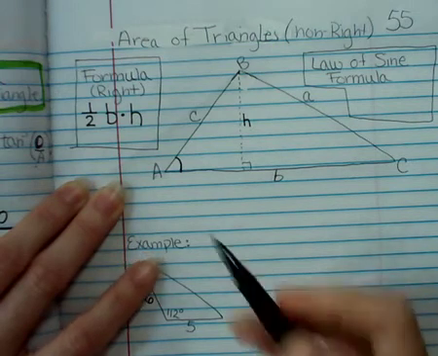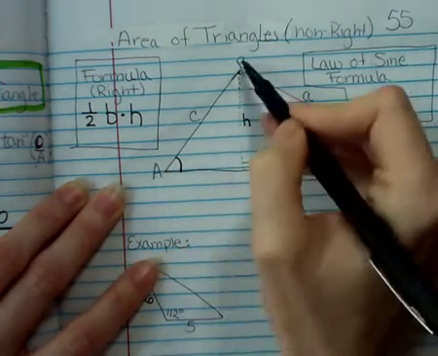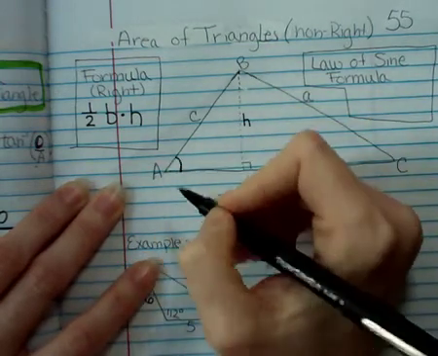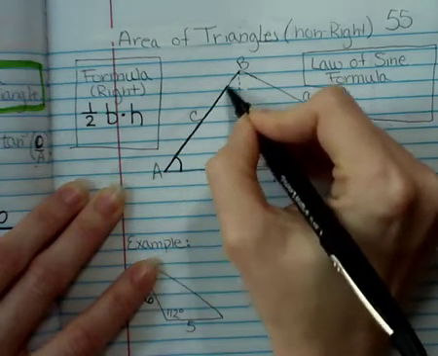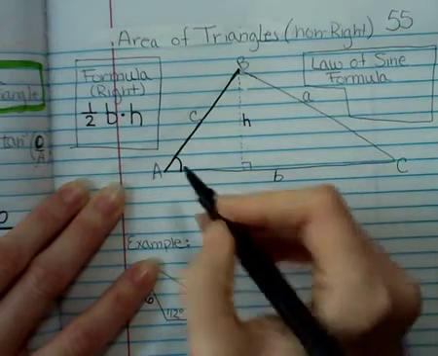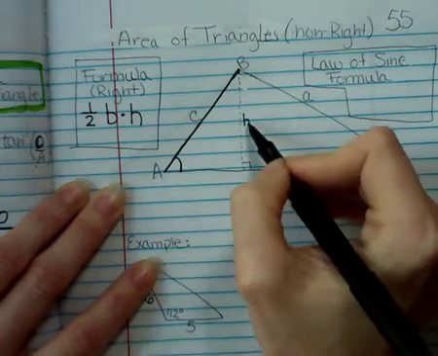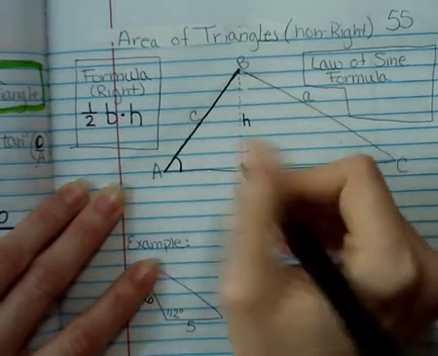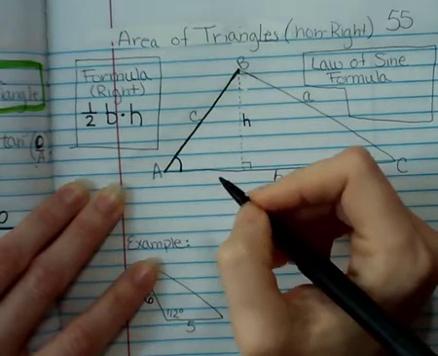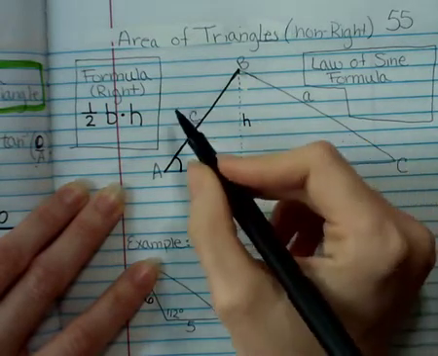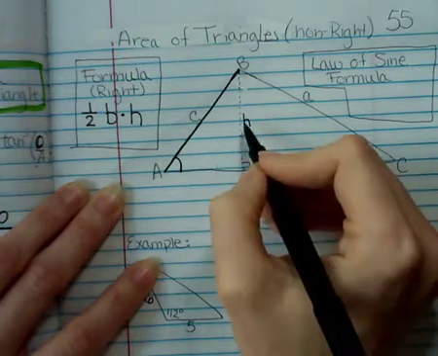And we would know this side c. So thinking about our trig ratios, if we know side c and we want to find the height, well then the height is our opposite side and the c would be our hypotenuse. So we can use opposite and hypotenuse to help us find this side.